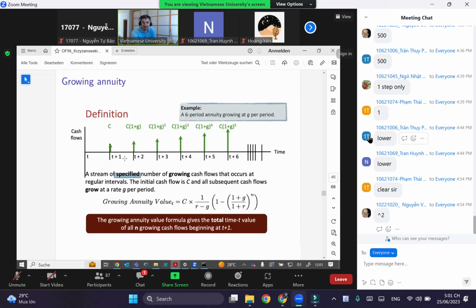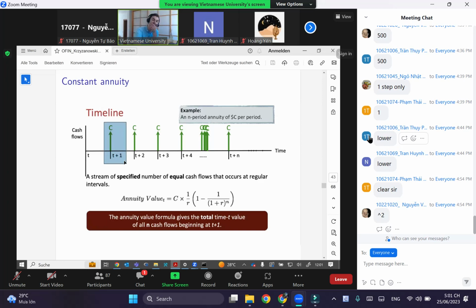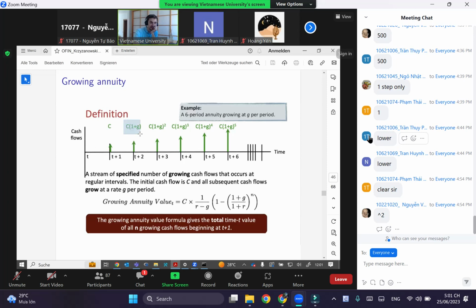And the difference, as the name already indicates, is that you start in the first period with this constant payment C. However, in the next period, this payment C is increasing by the growth rate g. So in the first period, you obtain a cash flow C, and then in the next period, you obtain C times 1 plus a growth factor, and this growth factor might be, I don't know, 5%.